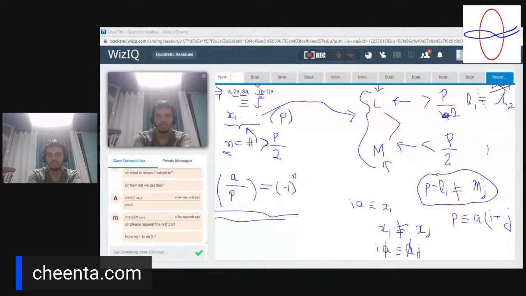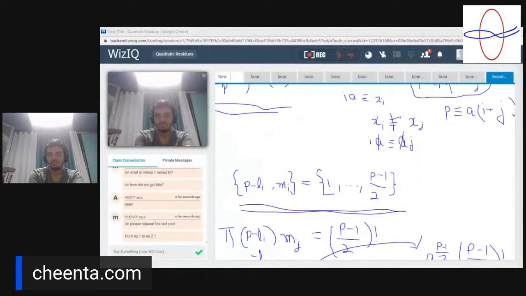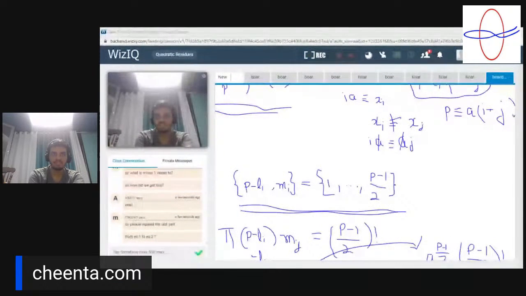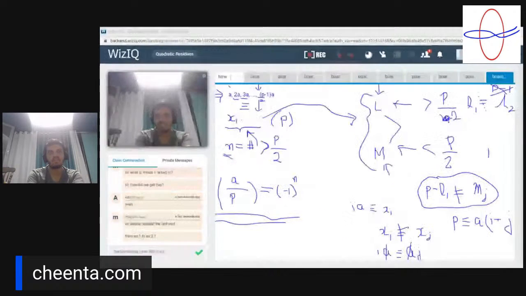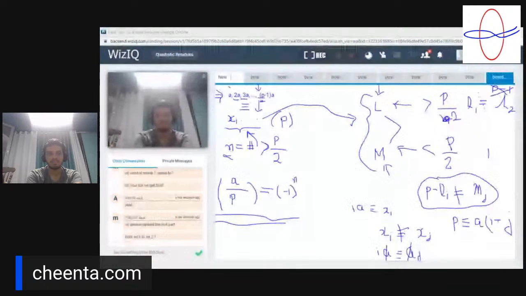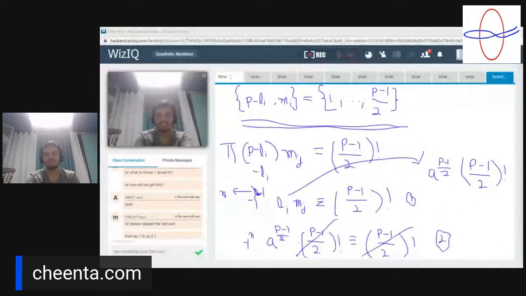So that is equal to a raised to p minus 1 by 2 into p minus 1 by 2 factorial. Why? Because there are p minus 1 by 2 a's here, and then all the numbers in front of the a multiply to give a p minus 1 by 2 factorial.